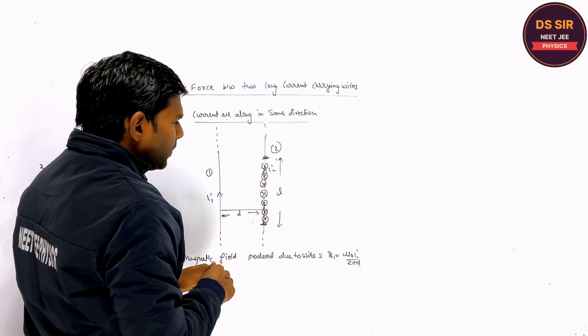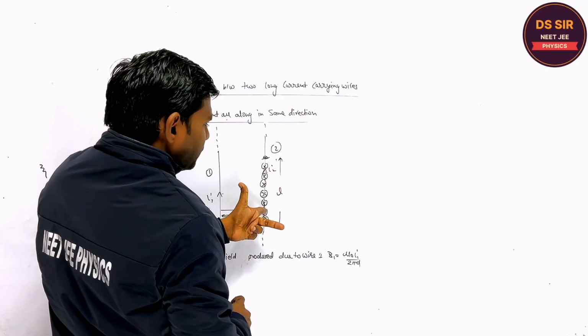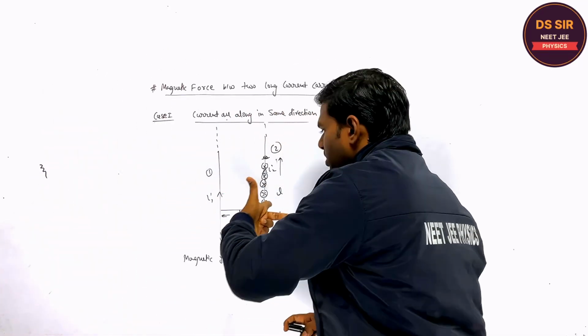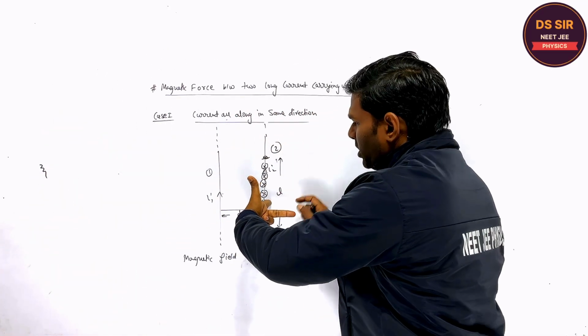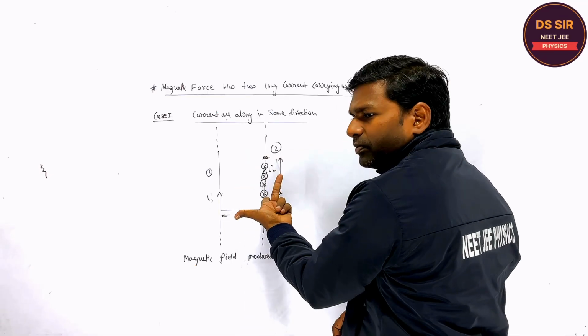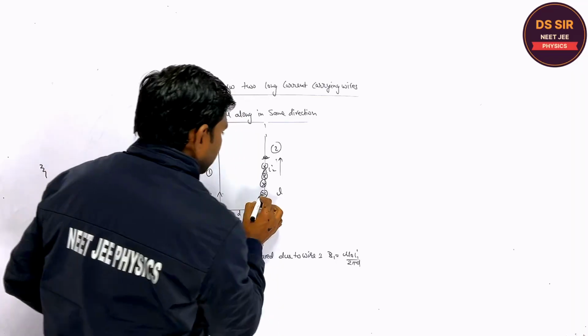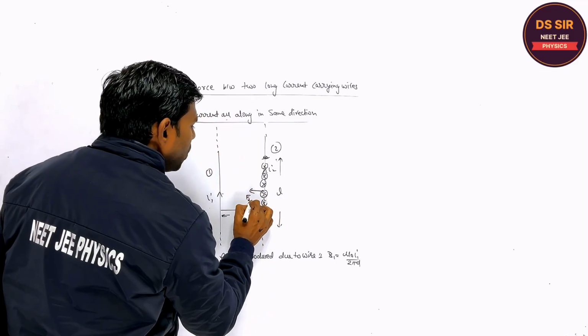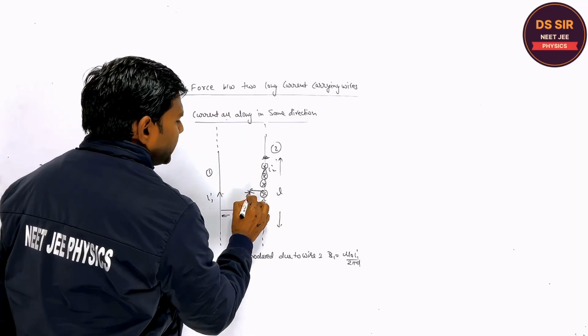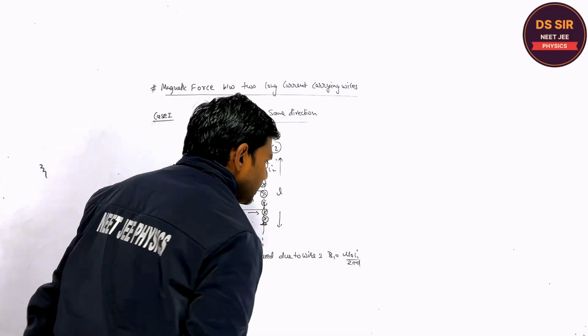The magnetic field is into the board. In this wire, current is I2, and the force will act upon this wire here. This is the force on wire 2 due to 1.